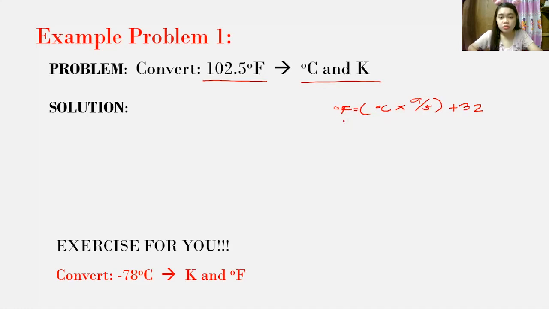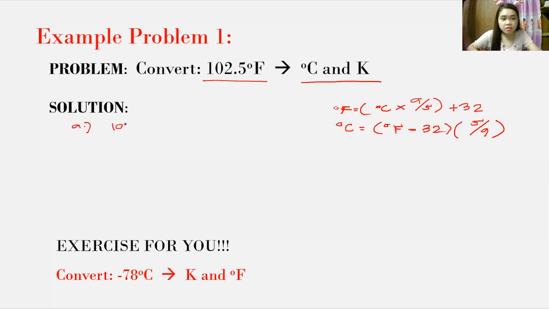But if we are given degrees Fahrenheit and we want degrees Celsius, we just need to subtract 32 and then multiply by 5/9. So we could get the readings in degrees Celsius. That's what we need to do here for letter A.